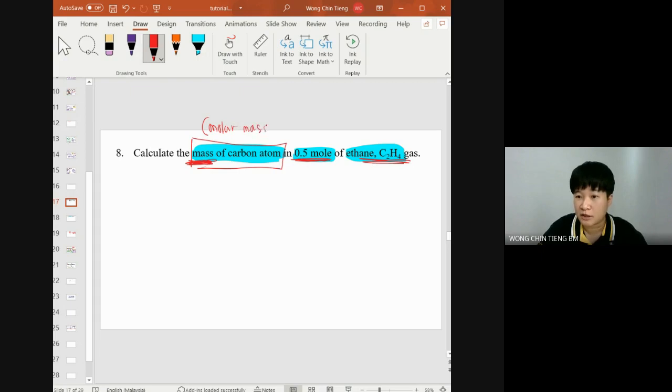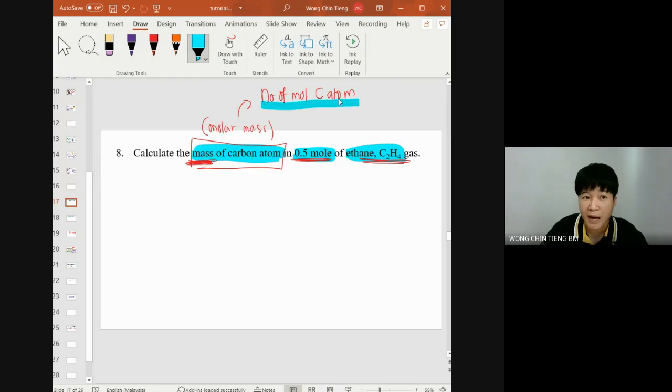Dan sebelum saya cari mass, saya kena dapat number of mole of carbon atom. I only need number of mole of carbon atom. But, in fact, I have mole of ethane.